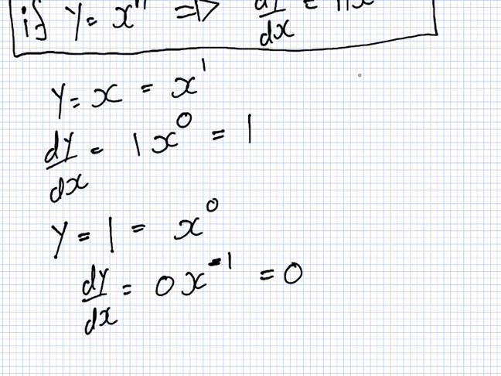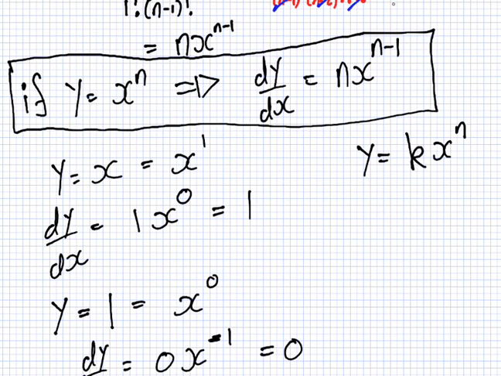Now, what happens do you think if I have y equals kxⁿ? Well, it's the exact same answer that I have there, except I multiply by k. knxⁿ⁻¹. So what I'm going to do is let me just put all those results together in a table.